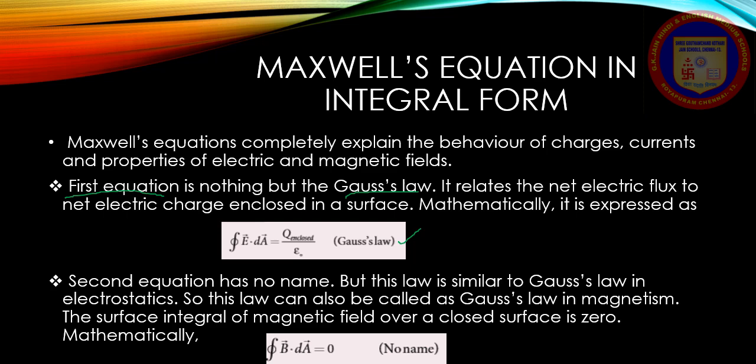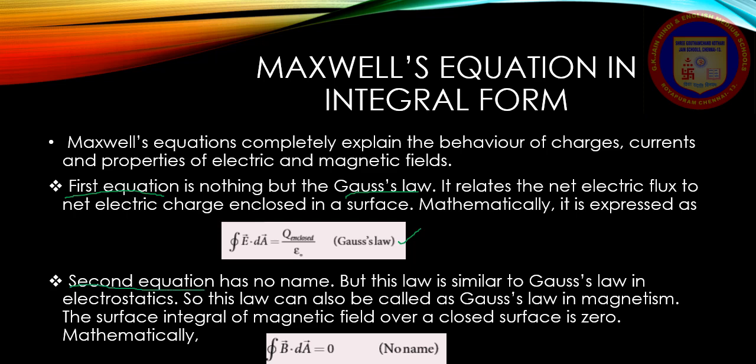This equation is true for both discrete or continuous distributions of charges. The electric field lines start from positive charge and terminate at negative charge. The electric lines do not form a continuous closed path. In other words, it means that an isolated positive charge or negative charge can exist.